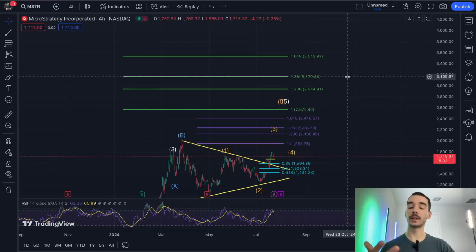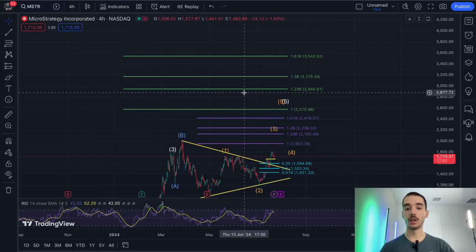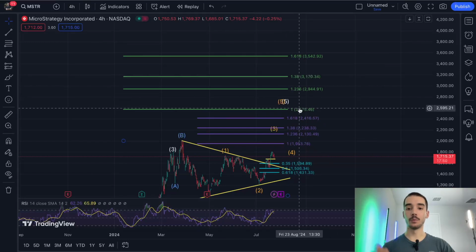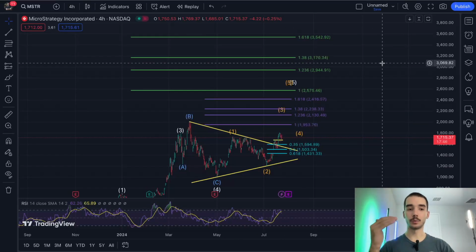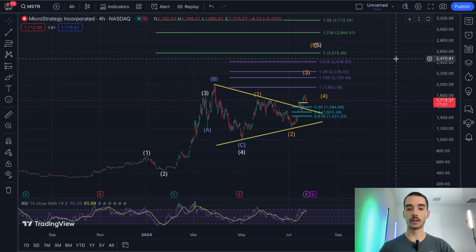I'm expecting it to be higher. But as of right now, my conservative crypto bull market top would send MicroStrategy stock up to at least $3,000 pre-stock split pricing, just for some context there.